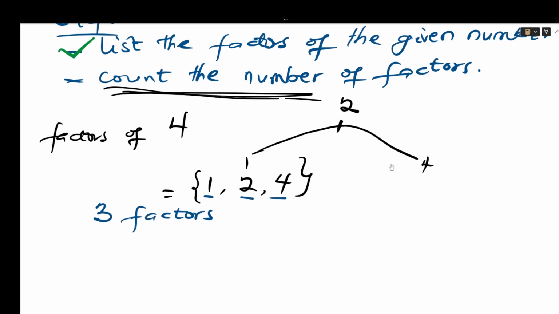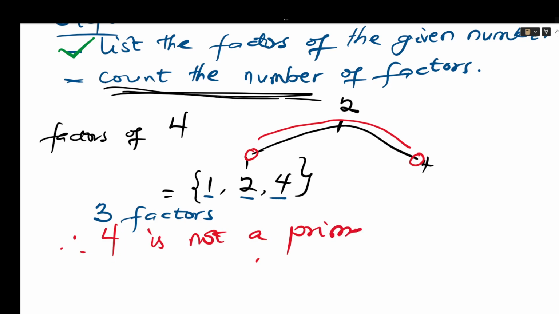Like when we are drawing our curve, we always have 1 and the number on the left and the right side. So if you are able to find any number in between 1 and the number itself, then that doesn't qualify to be a prime number. Therefore we can say 4 is not a prime number.